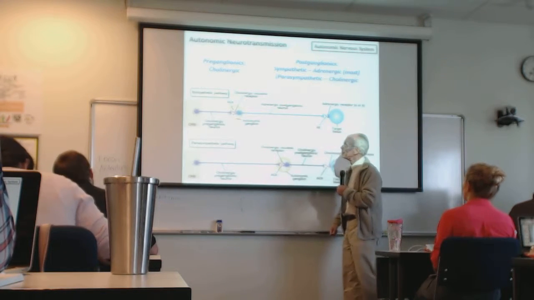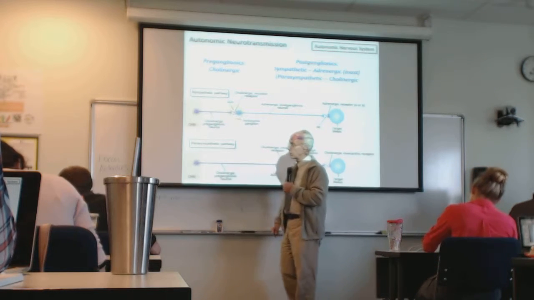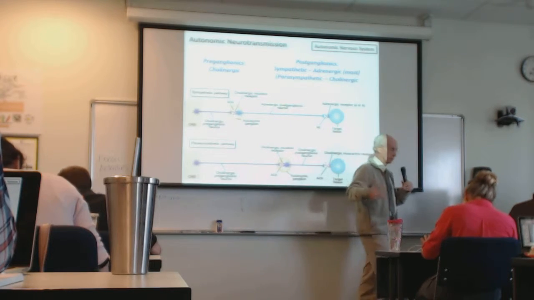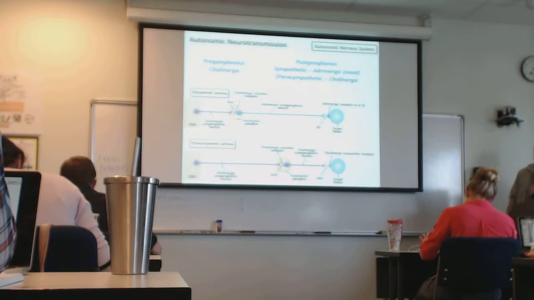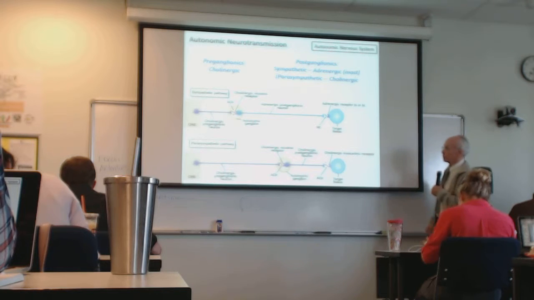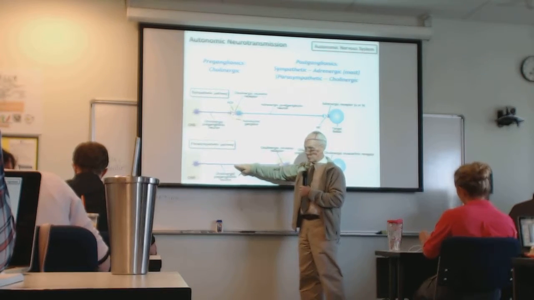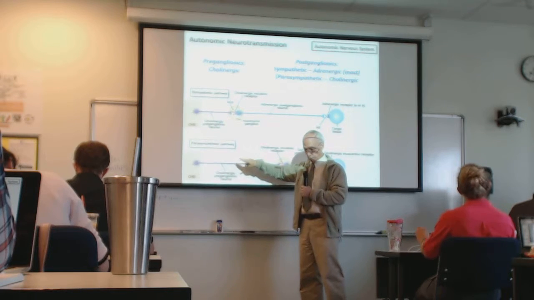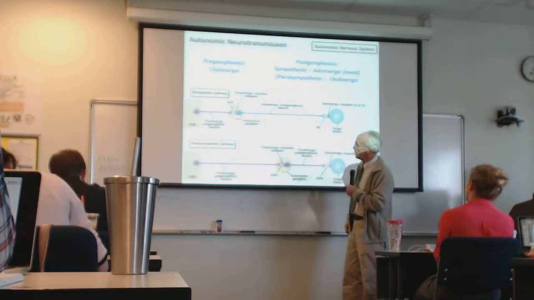The preganglionic neurons in both pathways are cholinergic. Simple. Both parasympathetic and sympathetic, preganglionic is always going to be cholinergic. So this is a cholinergic neuron, and how we designate these neurons, we describe the neuron in terms of the neurotransmitter that is released.